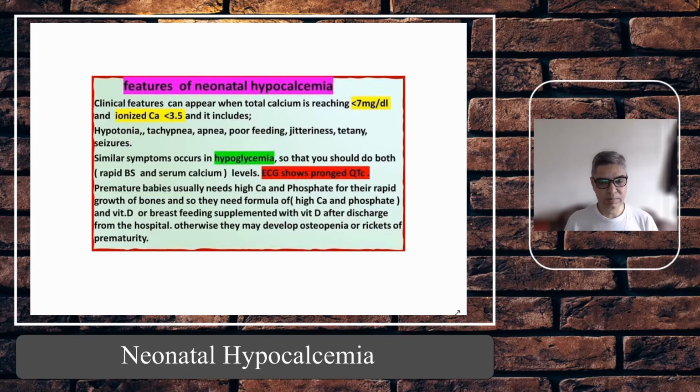They can present with tachypnea because obviously if there is a muscular weakness, the intercostal muscles cannot function properly, so the child would definitely be getting some form of hypoxia. To compensate for that, they would increase their respiratory rate, so these kids can present with tachypnea. Sometimes they can also present with apnea, because if the oxygen levels are going down, it can affect the respiratory centers in the brainstem and lead to episodes of apnea.